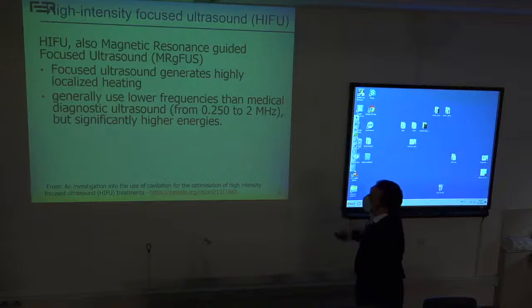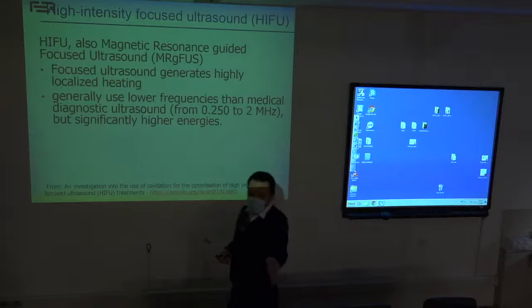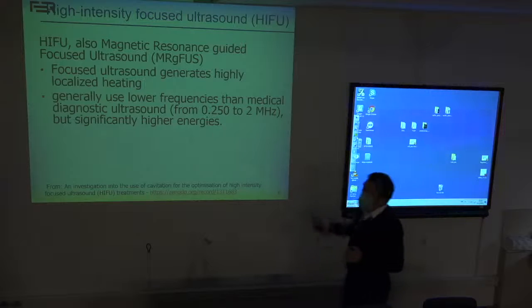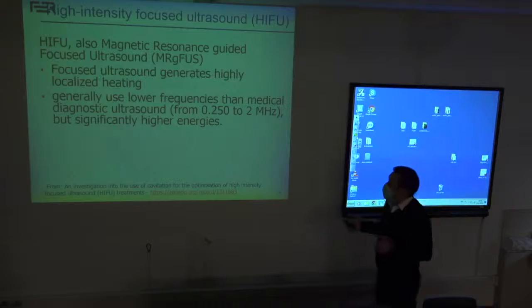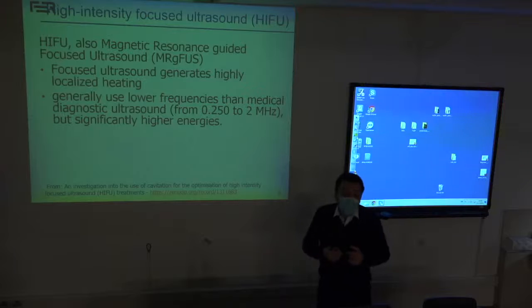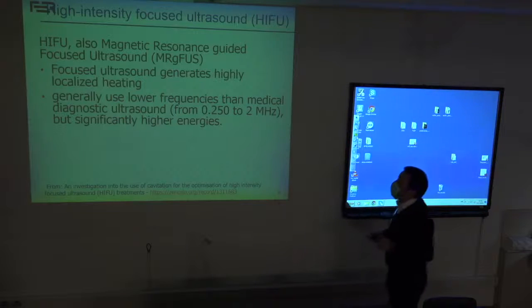That means also that the dimensions of the targets is relatively large. So we don't use this at, let's say, 10 or 20 or even 5 megahertz, because the dimensions of the tumor have to be relatively large. So two small tumors cannot be treated this way.